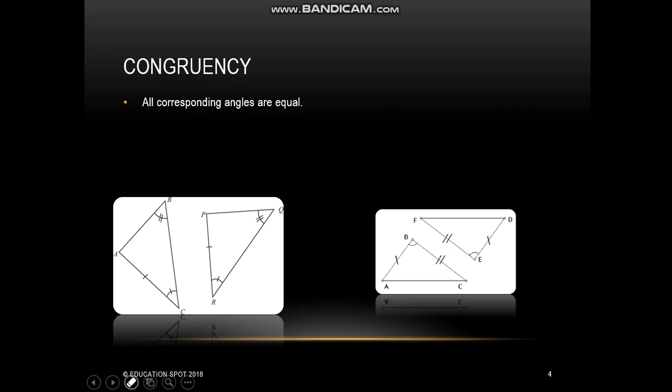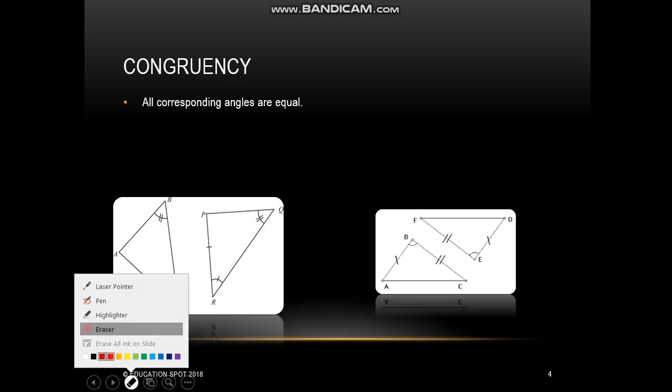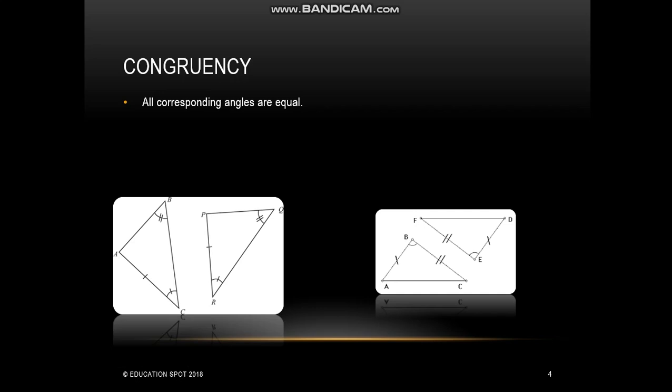Now, let me use a red pen. Looking at this figure here, we're going to call this triangle number 1, triangle number 2, right? It means all corresponding angles are equal.